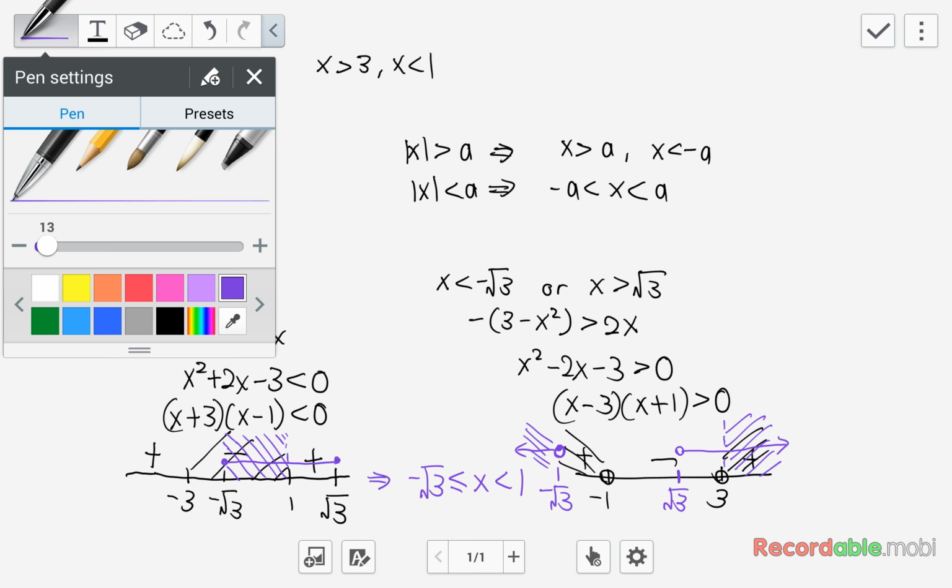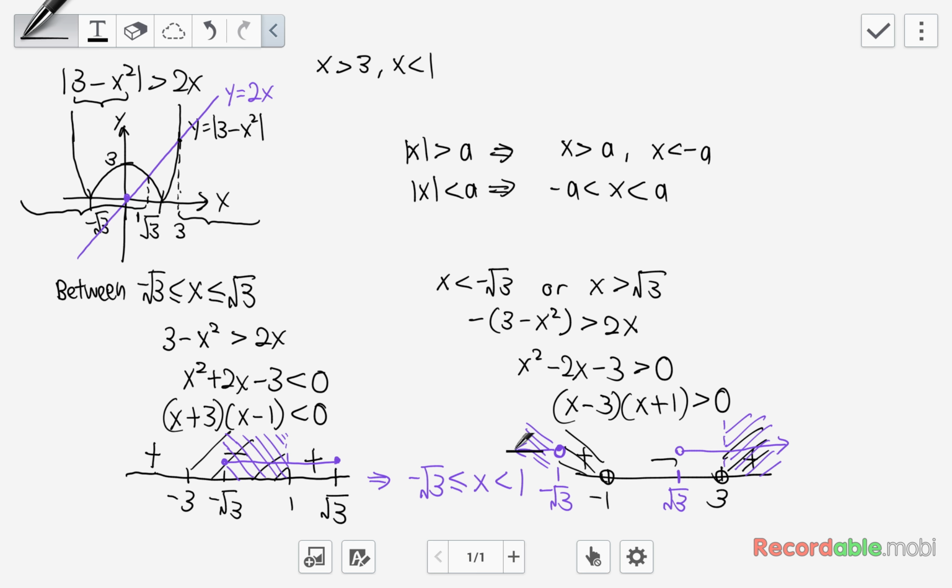Of course, the black includes this part as well. So the inequality as a result that we get is x greater than 3, and x smaller than minus root 3. Only the overlapping part.